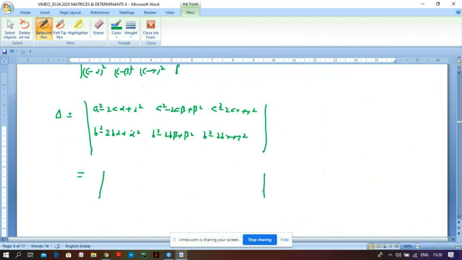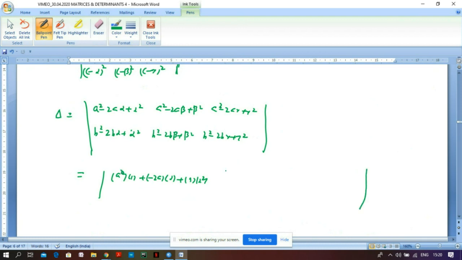Let me again write this in some other manner. So I can write a square times 1 plus minus 2a times alpha and plus 1 times alpha square. If I write like this, they have got some pattern.